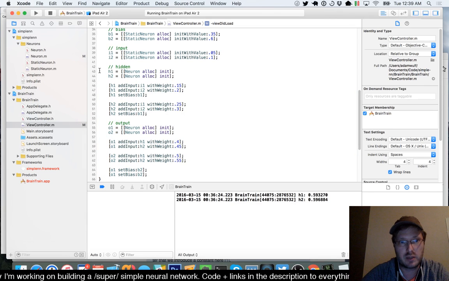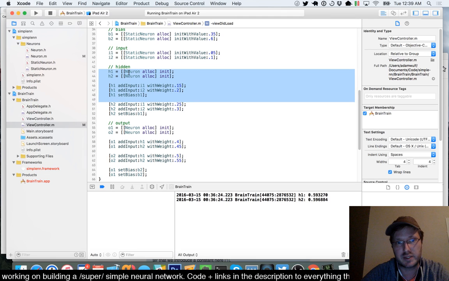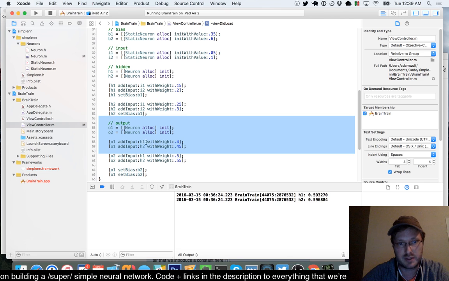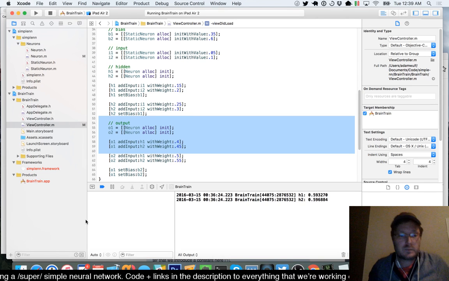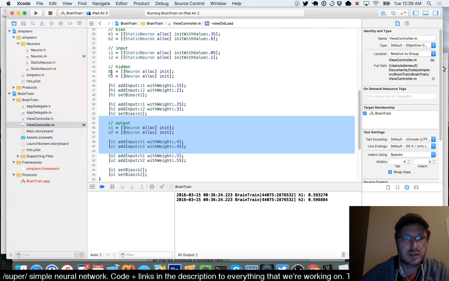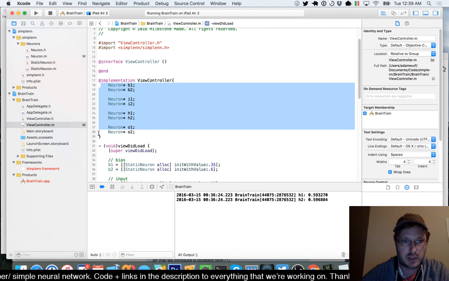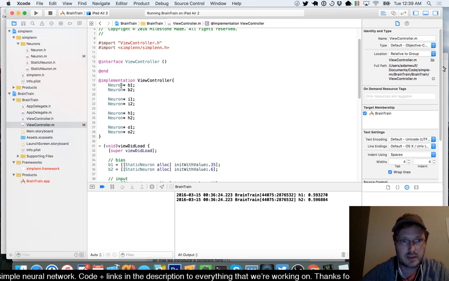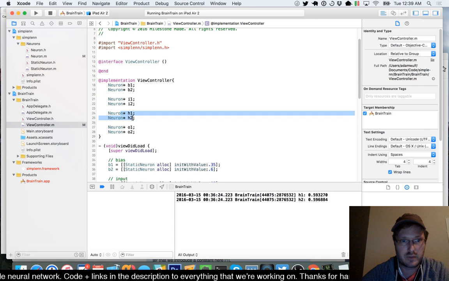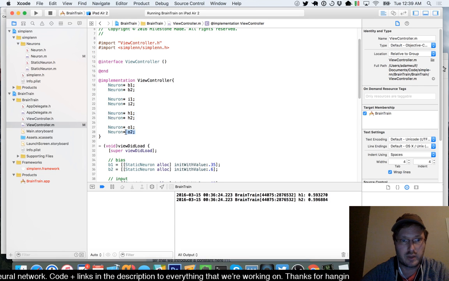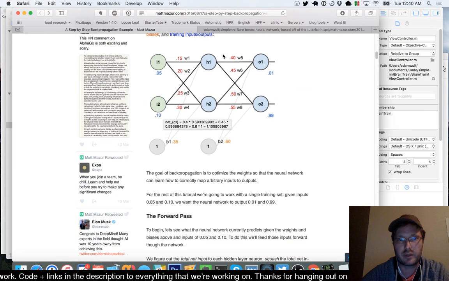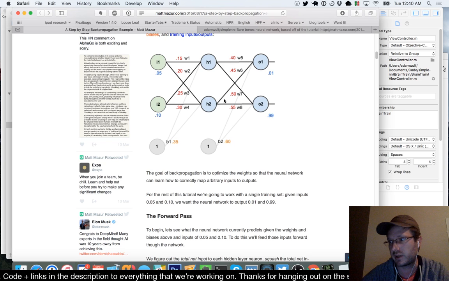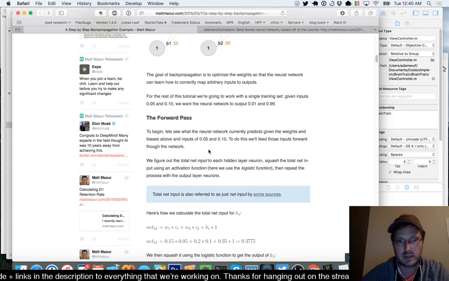The hidden layer is set up with the two inputs as its inputs, and the output layer's inputs are that hidden layer. So all of these objects right here, our bias, our inputs, our hidden layer, and our output layer, are connected to and matched up with this diagram, exactly like that.